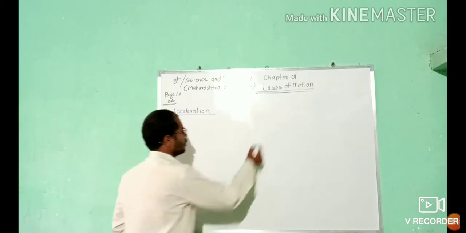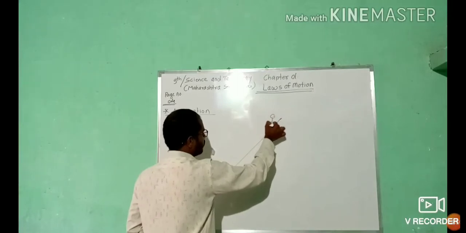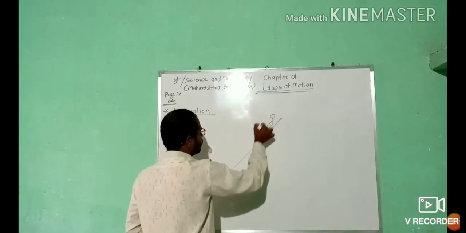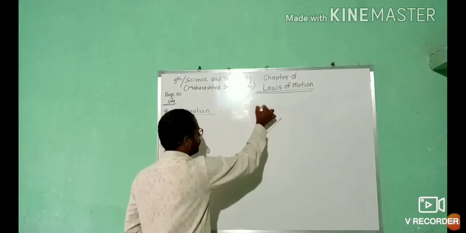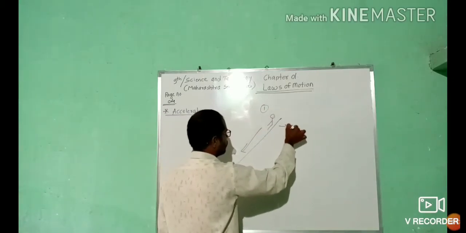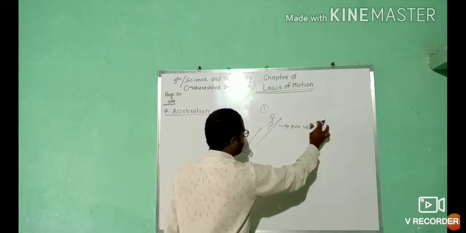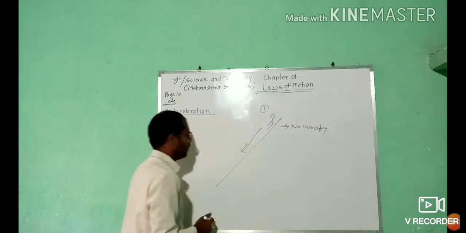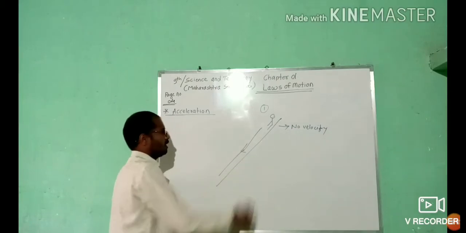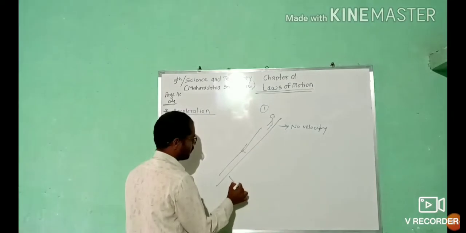Okay, so suppose consider this is the slide and this is you. Okay, so that is your position 1 at the top. So you are at the state of rest, which means no velocity. Okay, so it will be maximum near about the middle or near about your bottom point.